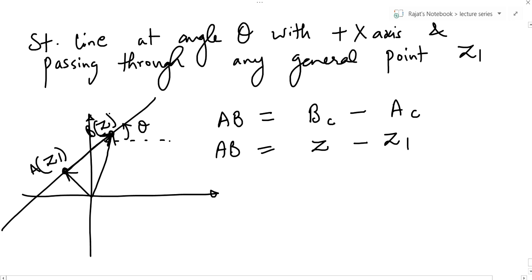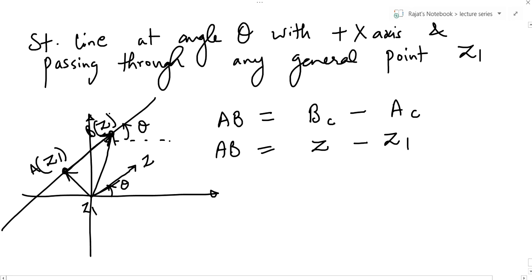And I've already told you that any complex number can be translated. So I can translate this complex number in parallel to itself, and I can make it pass through the origin. So this is essentially z minus z1, and it is making an angle of theta with the horizontal.